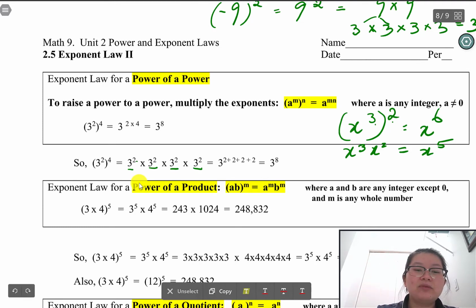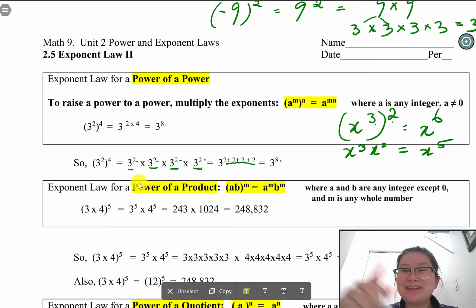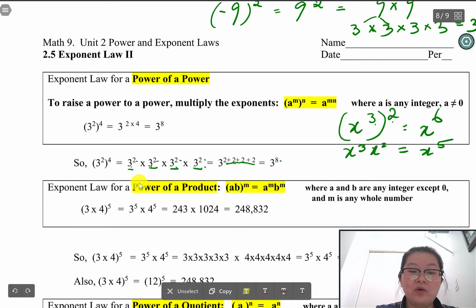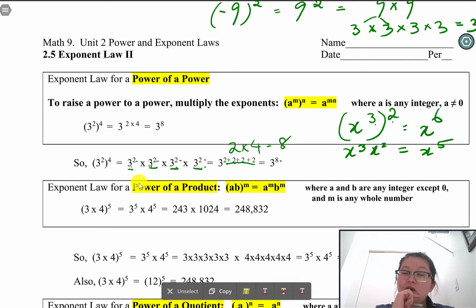So 2 plus 2 plus 2 plus 2 gives me a total of 8. Or in other words, it is 2 times the number of times it appears, which is 4, so 2 times 4 gives us 8. This is why we have to multiply the exponents when dealing with brackets.